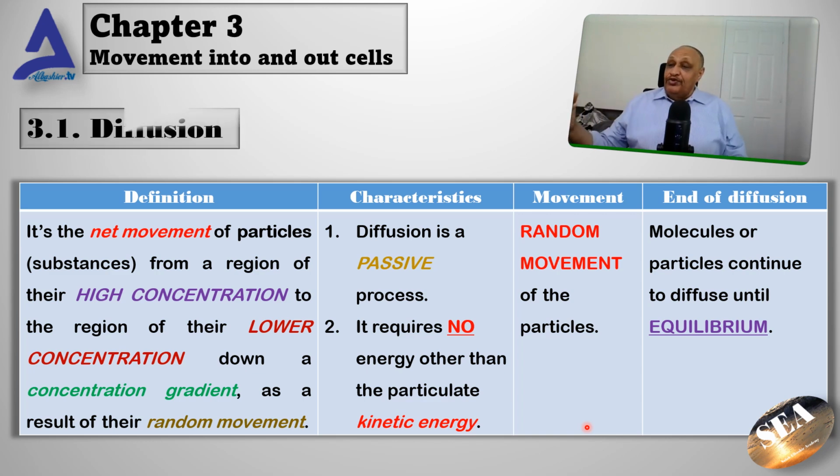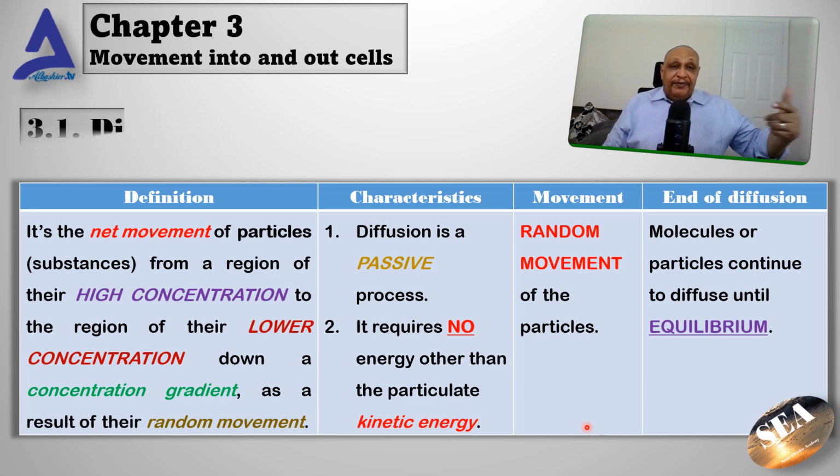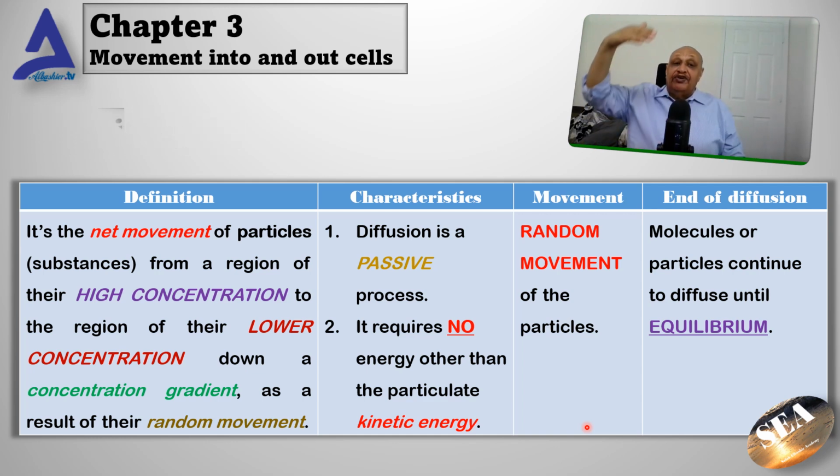For example, two molecules go from left to right and two molecules go from right to left. This means equilibrium.